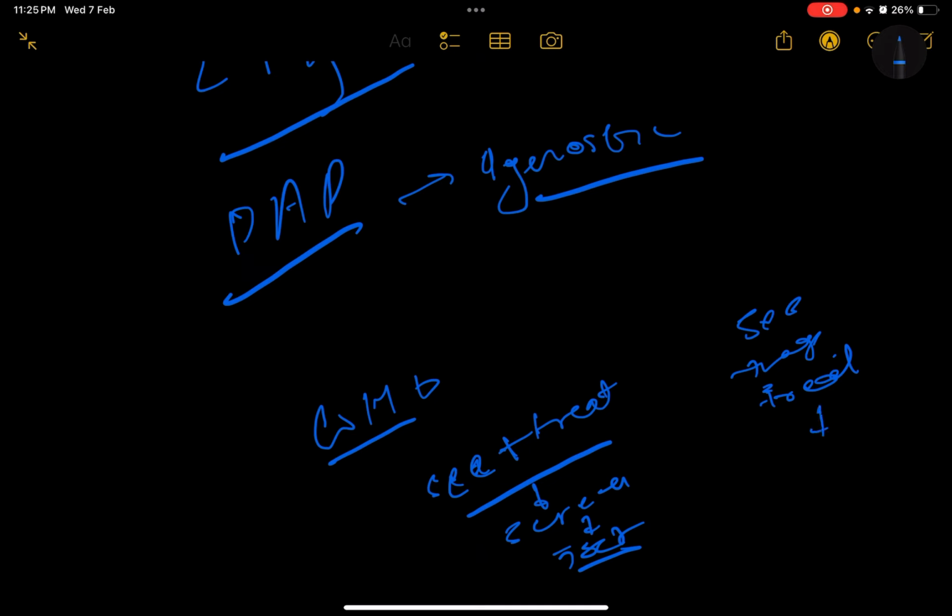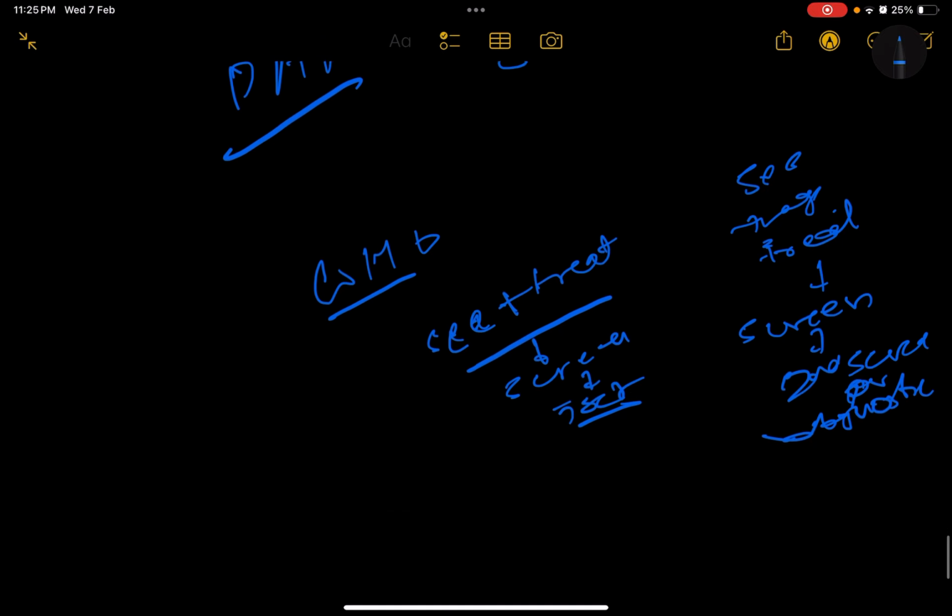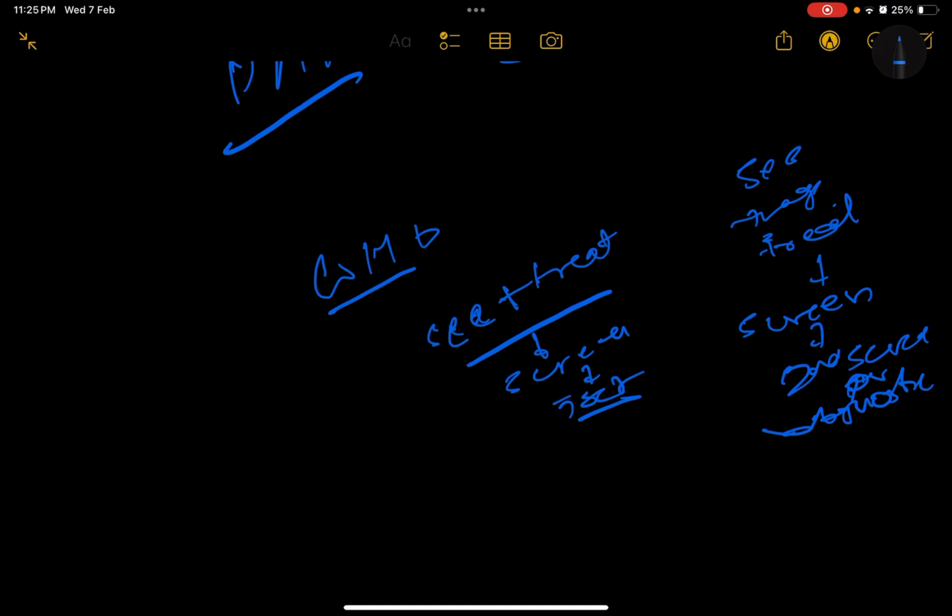Sometimes there is something called screen, triage, treat. You do a screen, then a second screen, or you could just proceed to your diagnostic. Better is to proceed to your diagnostic, because if your second screen is also positive, you'll eventually have to go to your diagnostic and then treat. So this is what WHO says.